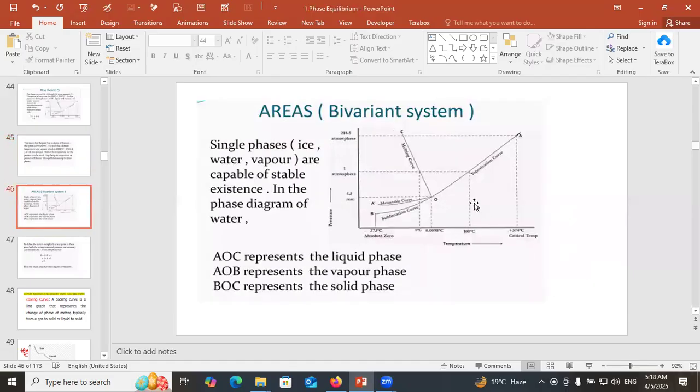Areas: bivariant system. Single phase ice, water, or vapor are capable of stable existence. In the phase diagram of water, AOC represents the liquid phase, AOB represents the vapor phase, and BOC represents the solid phase.